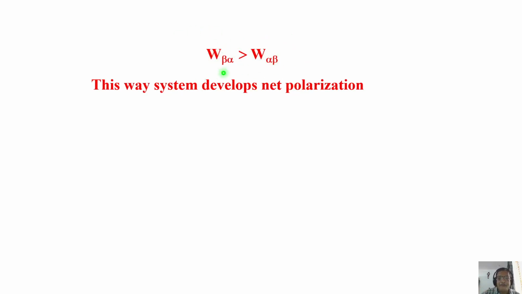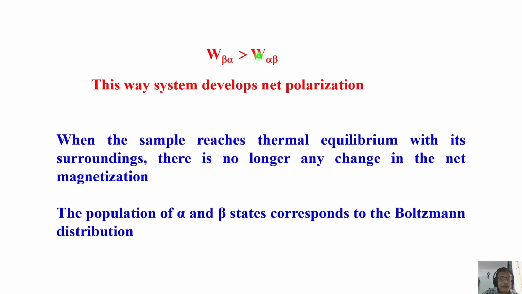True, right? It has to be. Otherwise, the system cannot develop net polarization. Because of this condition, W beta alpha, the probability of the spins coming from a higher energy state to a lower energy state is more than this, there is a net polarization developed in the spin system, right?